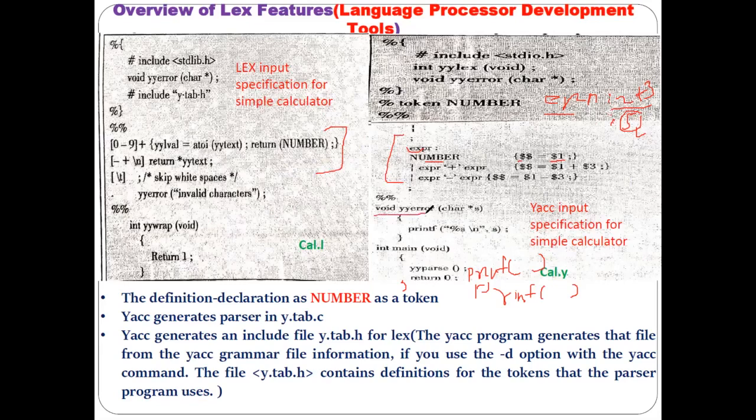Also here you have mentioned the yyerror function. So if there is an error in your expression, for example, if you give the input like int a and the semicolon, now this is the actual syntax we know. What is the syntax in C language, if you want to declare a variable, you should declare like this.